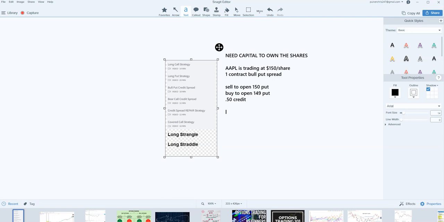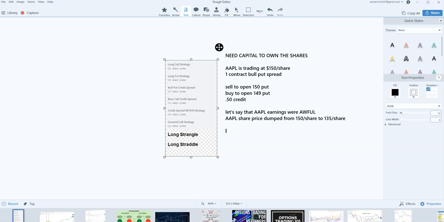Here's how a repair strategy would work, okay? Let's say that Apple earnings were awful, and Apple share price dumped from 150 a share to let's say 135 per share. Okay, here's how this trade will work.